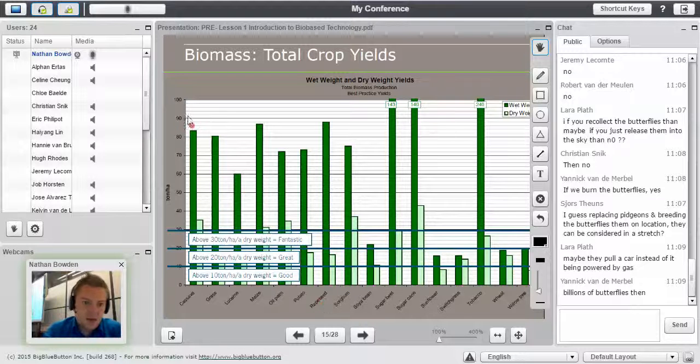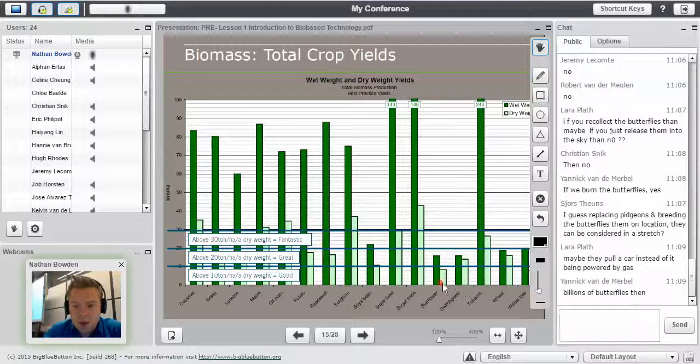So here on the left axis, the y-axis, you see tons of that crop per hectare of land. So the cassava, the green column, is the wet biomass. It produces about 84 tons of cassava per hectare.